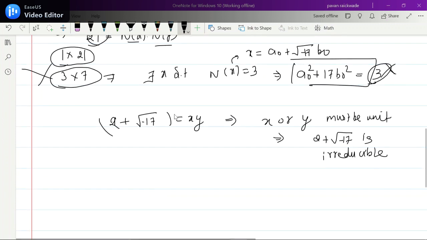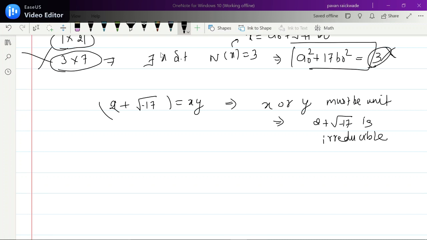That implies that 2 plus root minus 17 is indeed irreducible. That's good. So the P statement is correct. Now we have to check whether this is a prime element or not.